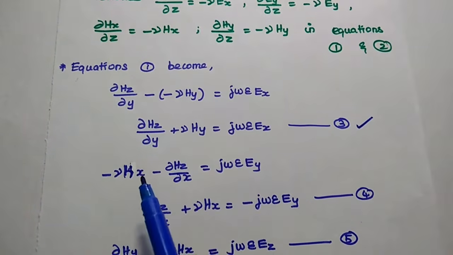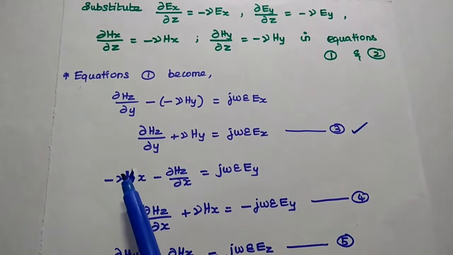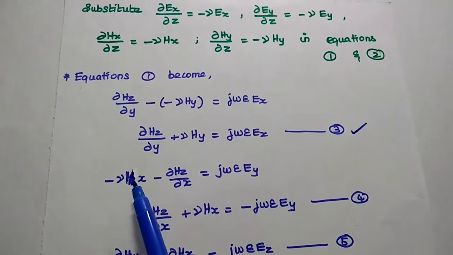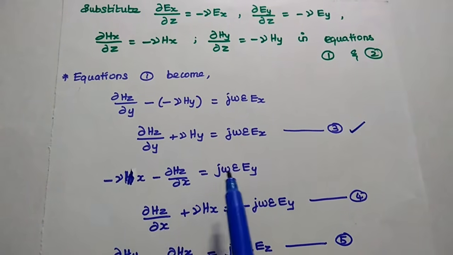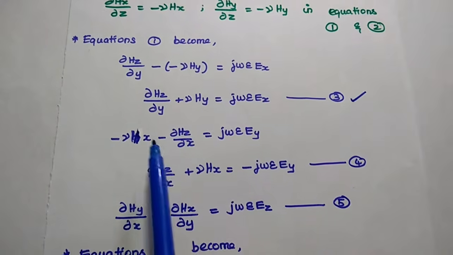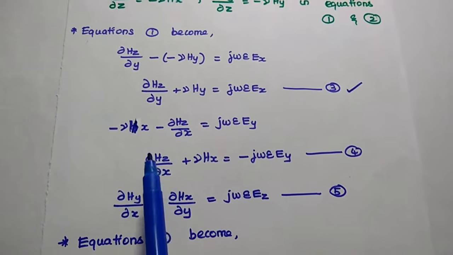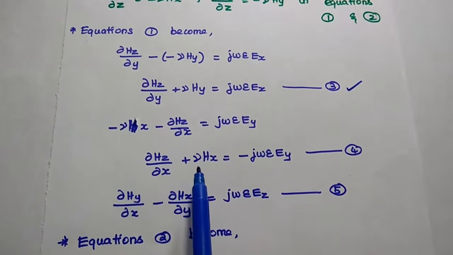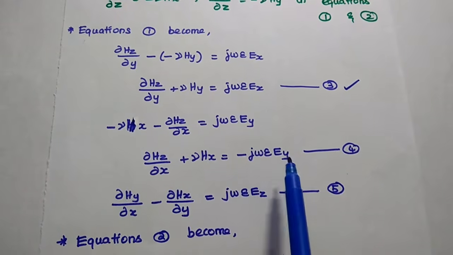Next we can take the second one. ∂Hx/∂z is replaced with the value −γ Hx, so −(−γ Hx) − ∂Hz/∂x = jωε Ey. Here we can take this minus outside and move that value to this side. Then we can write ∂Hz/∂x + γ Hx = −jωε Ey.